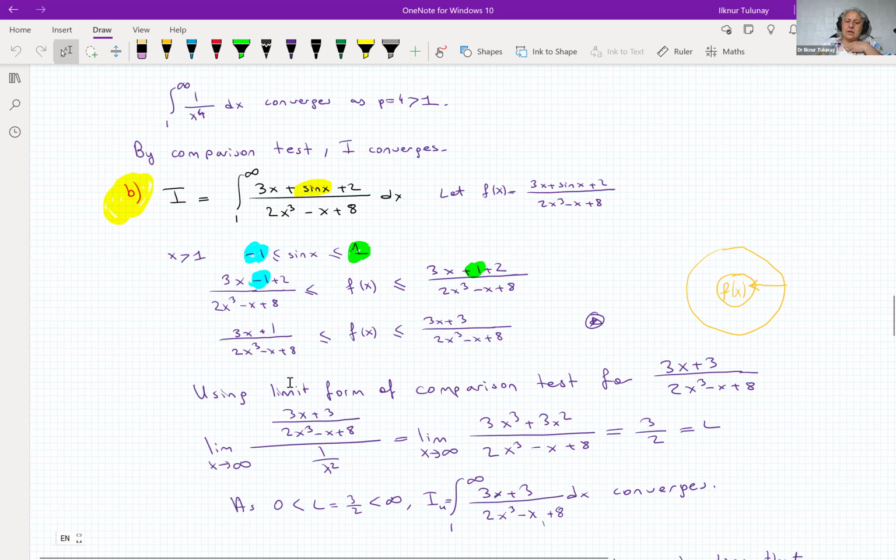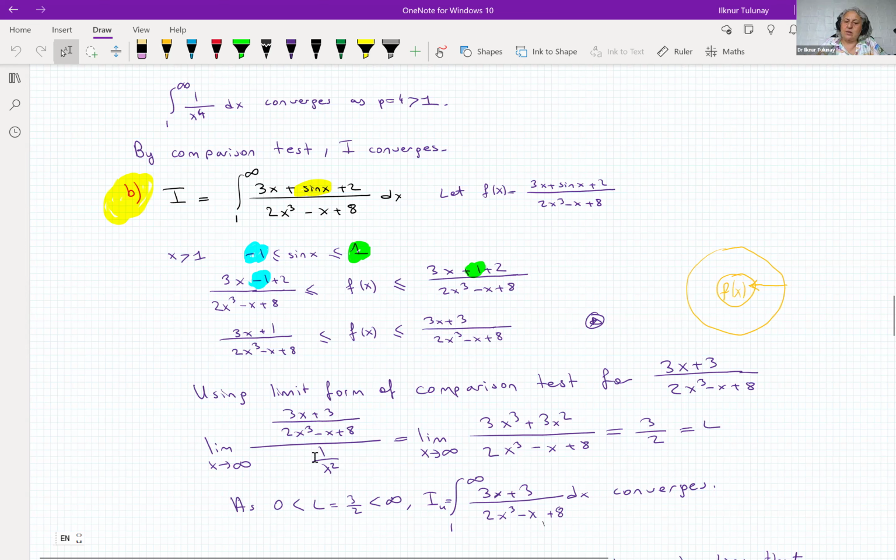Now let's look at the limit form of the comparison test for this function. For this function that I'm focusing on, I want to see whether this contracts or explodes, converges or diverges. So thinking about 1 over x squared as a p integral, p is equal to 2 here, and 2 is bigger than 1.